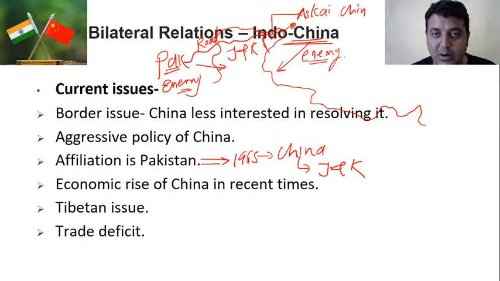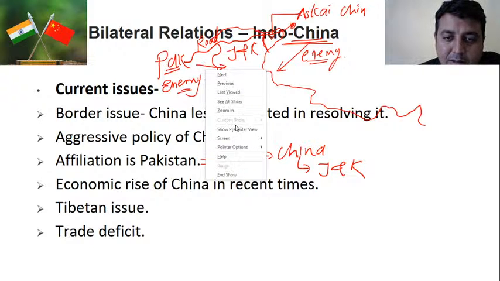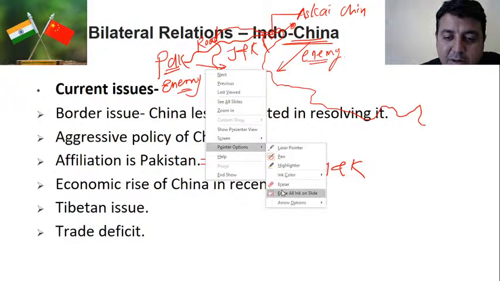Pakistan is a launch pad for terrorism in India. There is a problem of infiltration from it, and China is supporting those activities, and we have a lot of references of it. Clear? So China basically wants to exploit Pakistan against India, and that's a matter of concern for India. Clear? Yes, everyone? Clear why Pakistan's affiliation with China is a matter of concern for us?